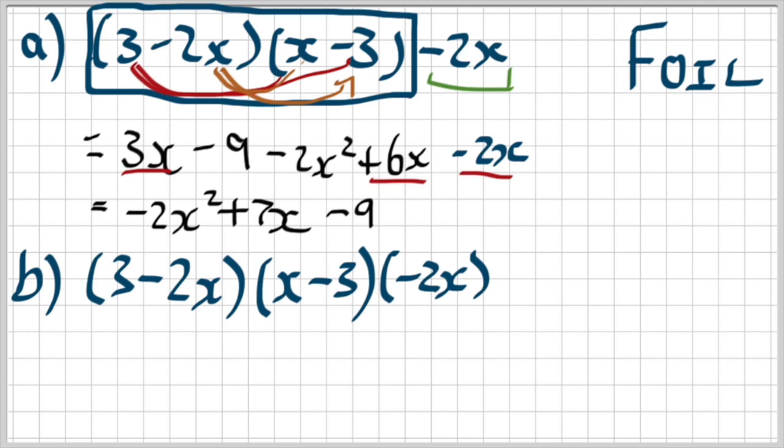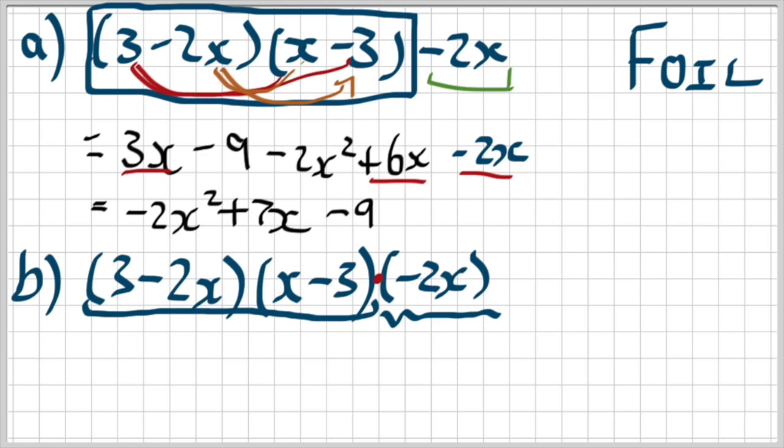Now let's quickly look at question B. Question B is very similar to question A, except the negative 2x is in brackets. So in other words, I've got a product multiplied by another bracket. That is important. A product multiplied by another bracket. So what I'm going to do is first FOIL out those first two brackets.